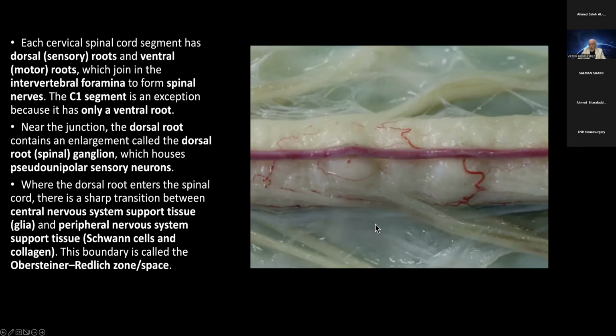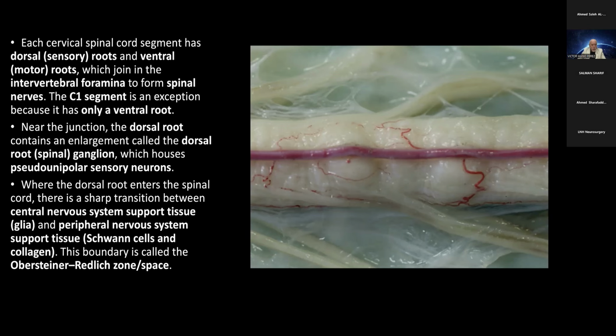This is a picture of the spinal cord, in which we can see the arachnoid, the dentate ligaments, and the anterior nerve root. Near the junction, the dorsal root contains an enlargement called the dorsal root spinal ganglion, which houses pseudo-unipolar sensory neurons.